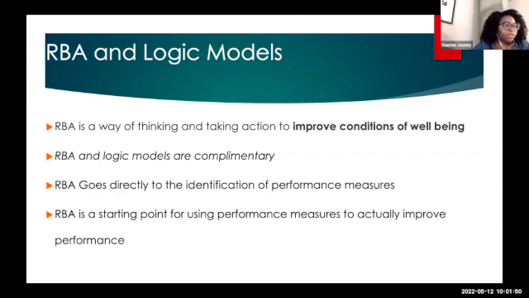RBA is really great at helping groups surface different challenges and, in particular, any assumptions that they have when it comes to their programming and their intended outcomes. It also helps you identify any barriers to innovation. It helps build collaboration and consensus. And it really uses data and transparency to ensure accountability.